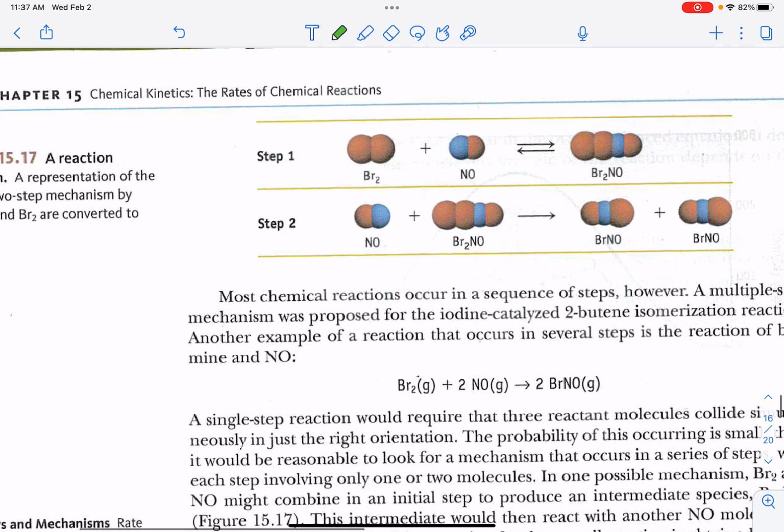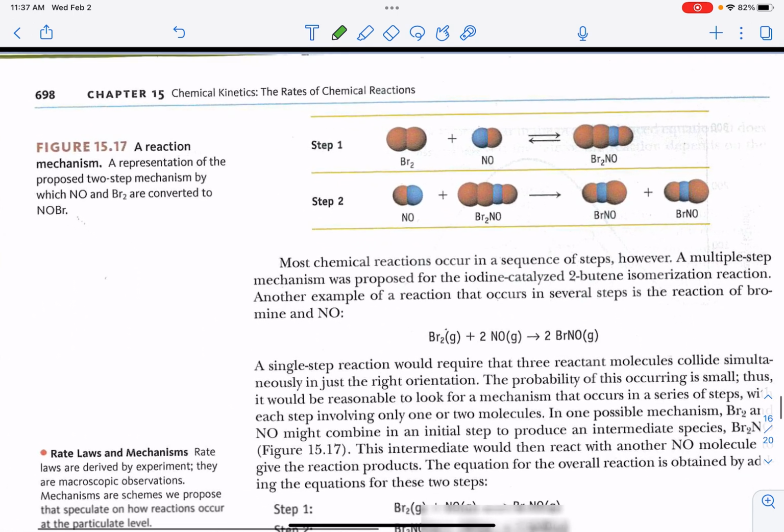So let's imagine that we have a chemical reaction that looks like this. We have some bromine gas that's going to combine with nitrogen monoxide in a 1:2 ratio to produce this compound right here.